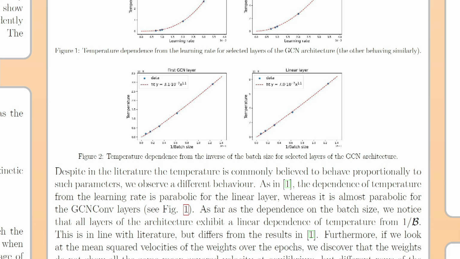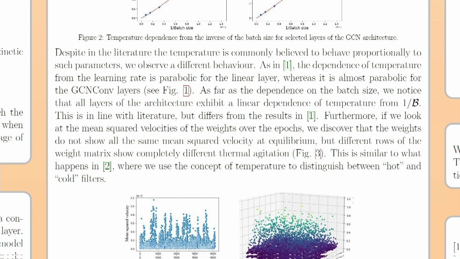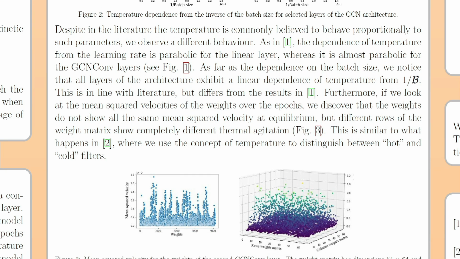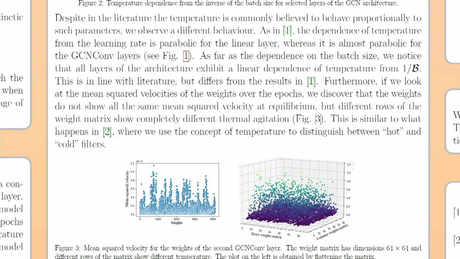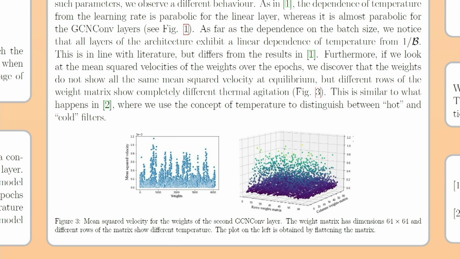What's more, we also wanted to see the behavior of the parameters inside one layer by just plotting their mean squared velocity. So we do not compute the mean over the parameters, and we show their mean kinetic energy for each parameter, for each weight in these two plots.